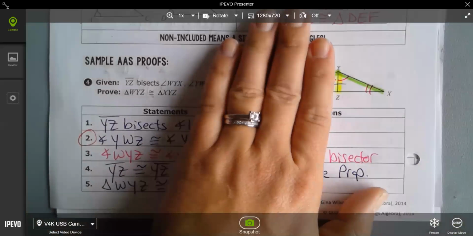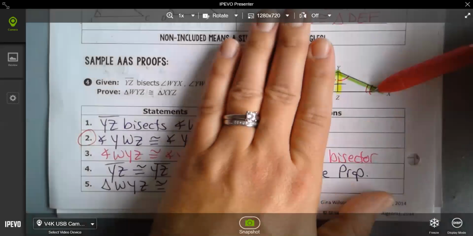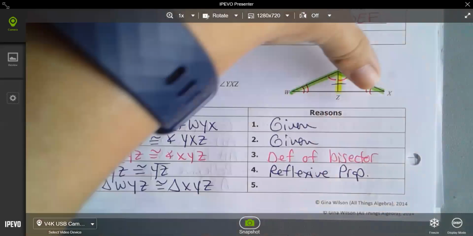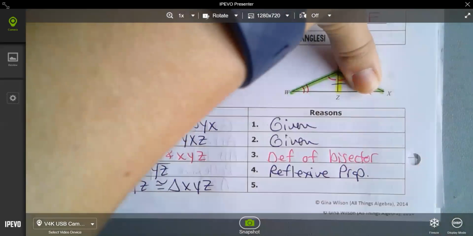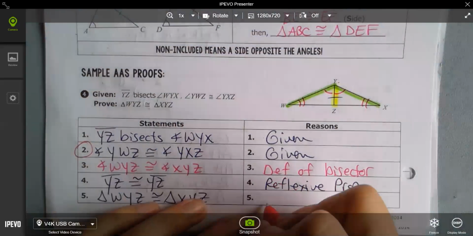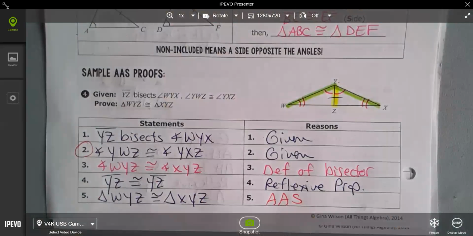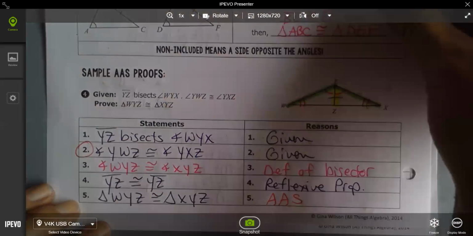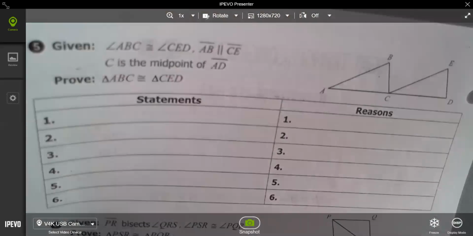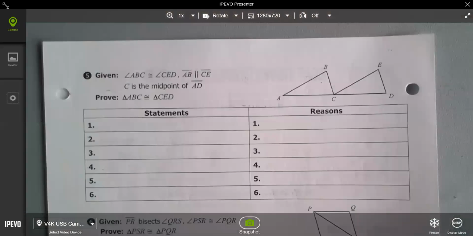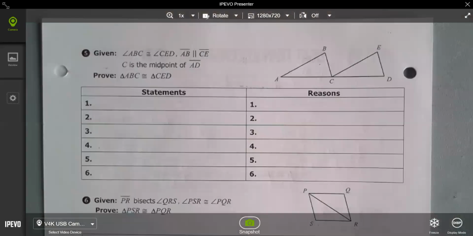Now I've got my three pieces. I've got two angles in a row and then a side. Here, two angles in a row and then a side. So this is angle, angle, side. I really hope that you are trying these on your own and that you are working through them. Okay, the only way to get better at doing a proof is just by doing more and more proofs.